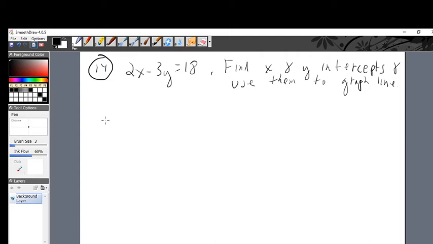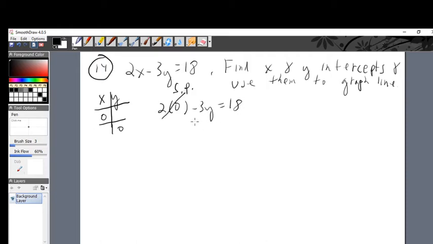All right, let's do our famous tic-tac-toe story. And we'll get the x and y intercepts as we explained in class. Right, so our tic-tac-toe little chart there. Now, let's try if x is 0. This is scrap paper. If x is 0, what is y? Well, the 2 times 0 is gone.